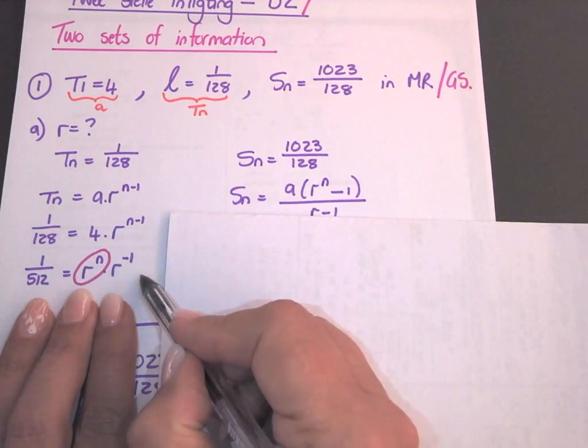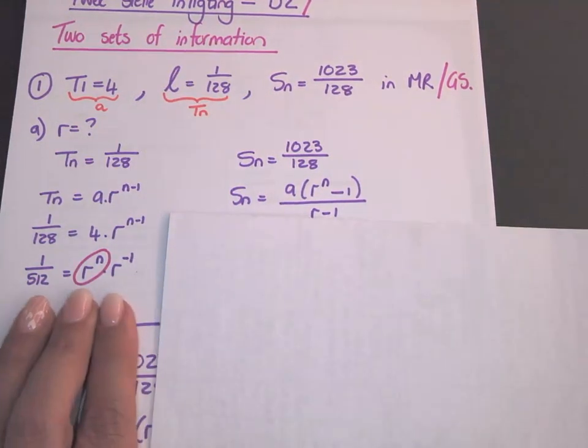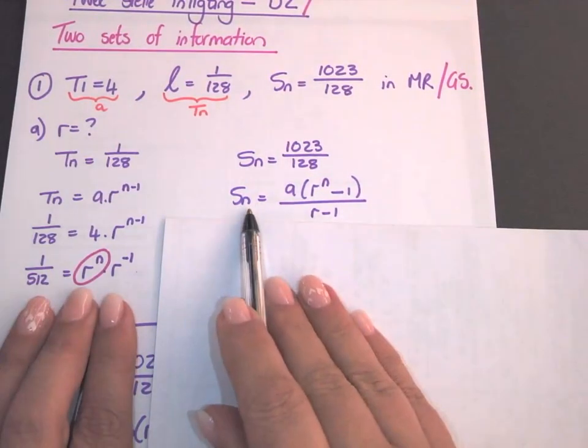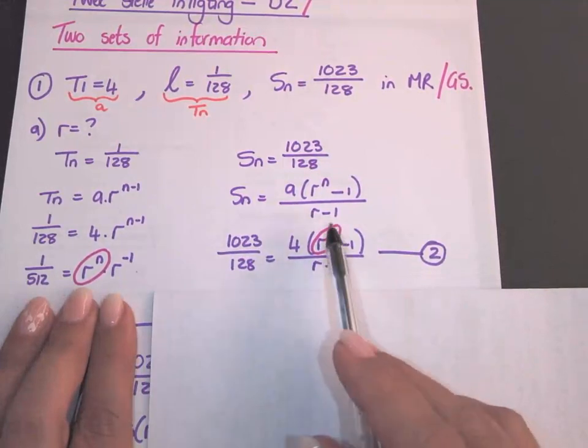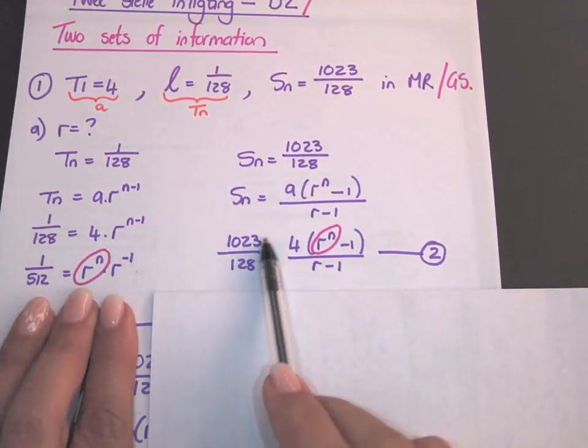Okay, this is a tip that you need to use if you get stuck. I'm getting back to this one. For Sn, you substitute A as 4, Sn the value, and then you get stuck.